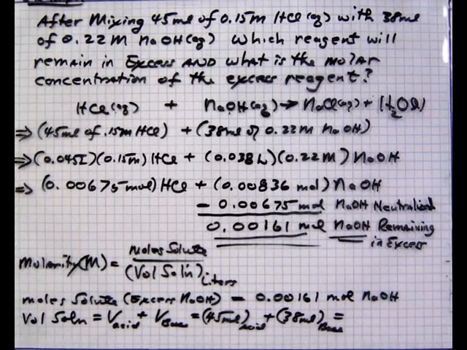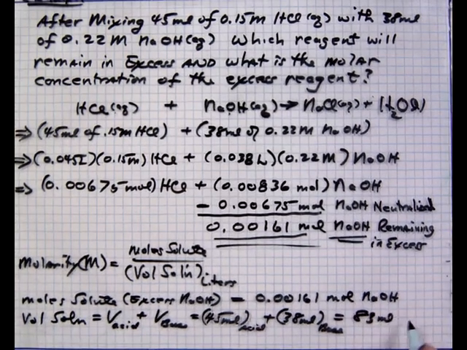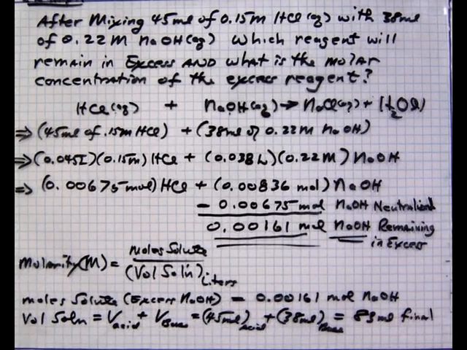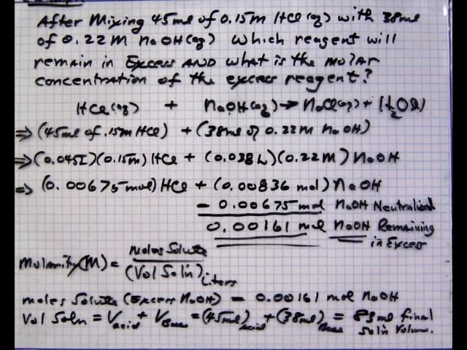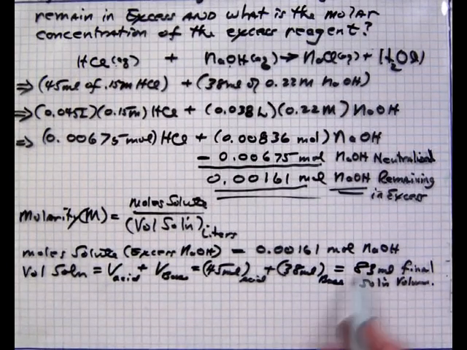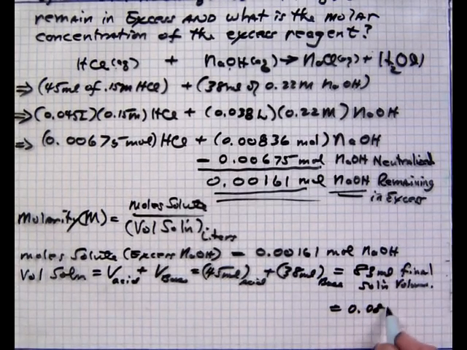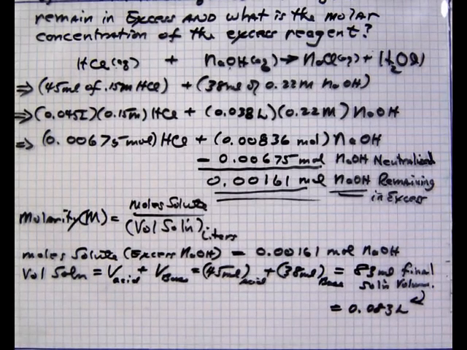So that gives us a total of 83 milliliters final solution. Now, of course, that has to be expressed in liters, so that'd be 0.083 liters for the final solution.